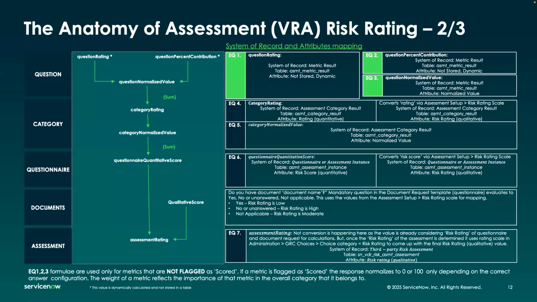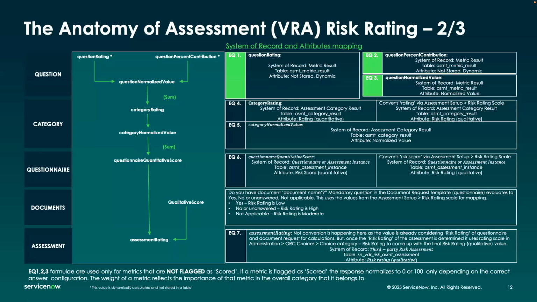Again, as a reminder, a metric configured as scored will normalize the response to 0 or 100 only based on the correct answer configuration. If not, the formulae for question rating, question percent contribution, and normalized value in EQ1, EQ2, and EQ3 will apply to evaluate the normalized score of a metric. Please note the footnote at the bottom of the slide is crucial to the calculation blueprint.